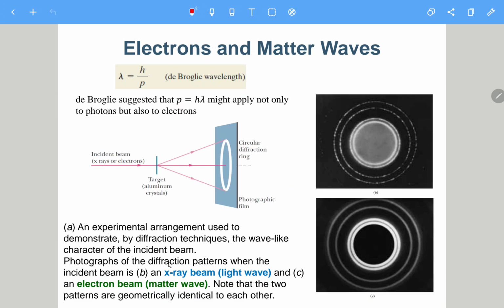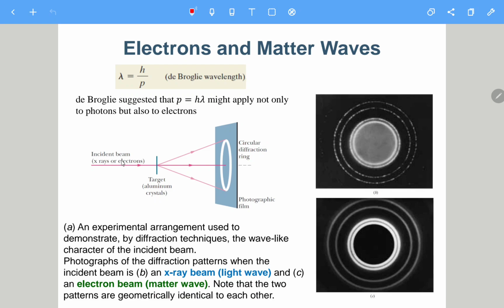And this is the experiment to verify this assumption. This experiment is called diffraction, so that you will see many rings there. There's an incident beam, X-ray or electron.